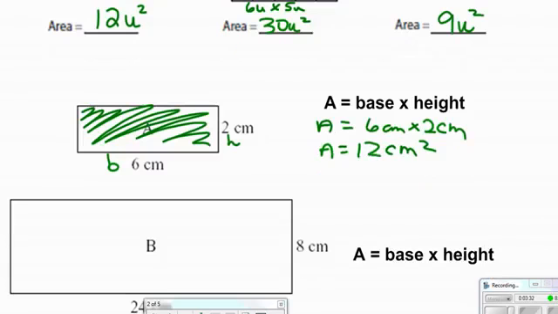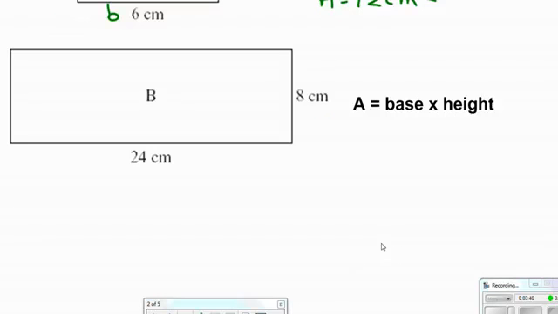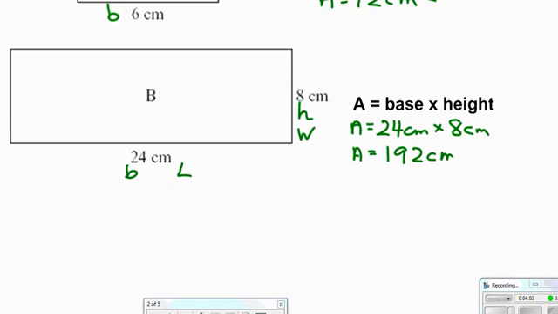Or if we look at this larger rectangle, area equals base times height again. So a base of 24 centimeters, a height of 8 centimeters, and I could also use length and width if I wanted to. It doesn't matter, as long as I take the 2 side lengths and multiply them together. We get an area of 192 centimeters squared.